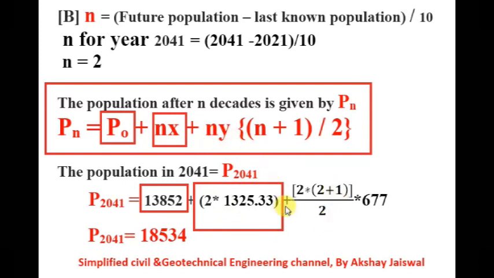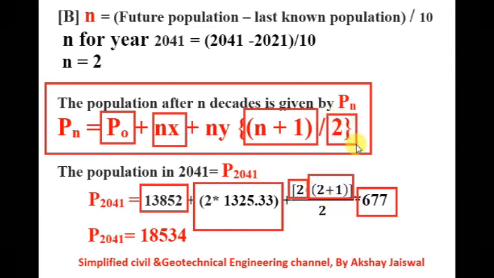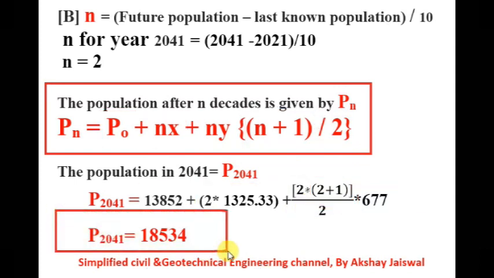Then ny, the value of n is 2 and the value of y is calculated in the table. And lastly we have n plus 1, that is 2 plus 1, divided by 2. After all calculations we will get the population in 2041 as 18,534. Here we have covered our last method, that is the incremental increase method of forecasting of population.